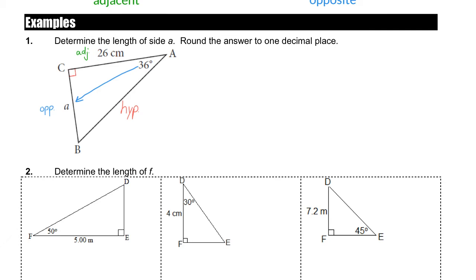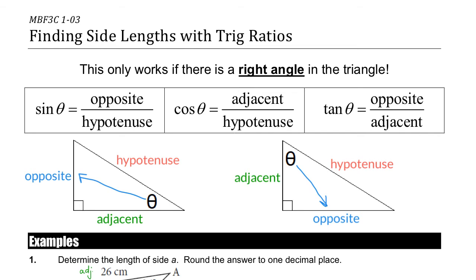If you go back up and look at the different ratios, this one uses opposite and hypotenuse, so I don't want to use that one. This one uses adjacent and hypotenuse, so I can't use that one. This one uses opposite and adjacent. So the tangent ratio is my trig ratio of choice for this question.